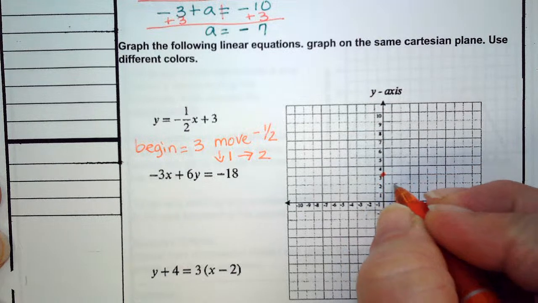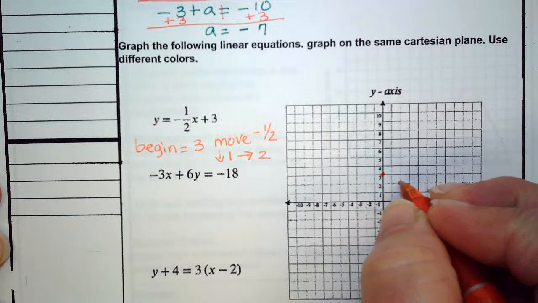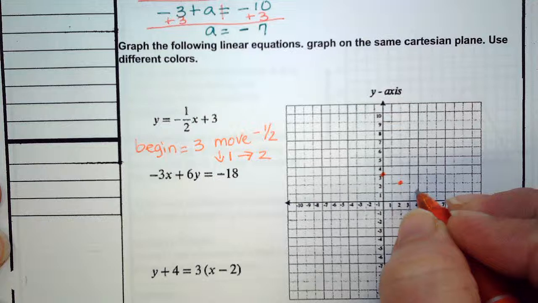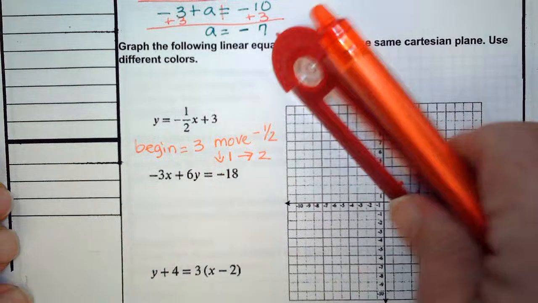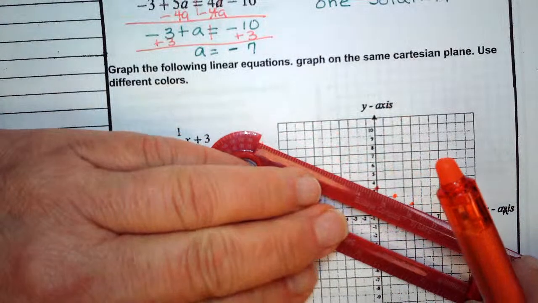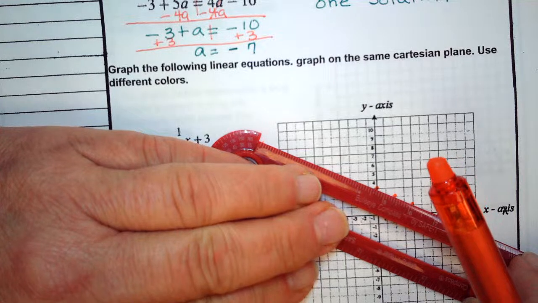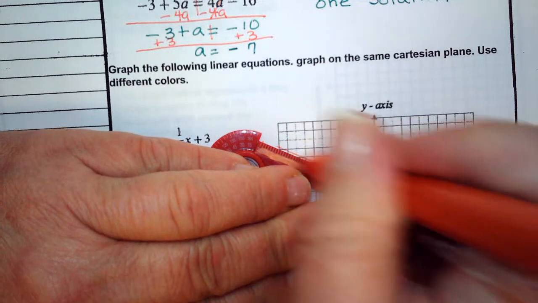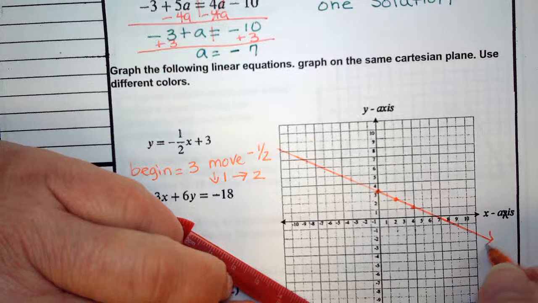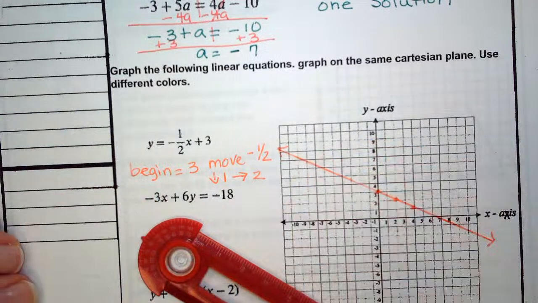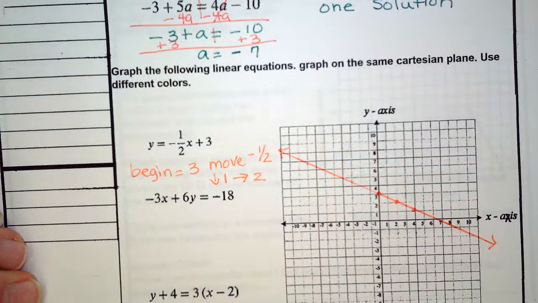I go down 1 and right 2. Here's my second point, down 1, right 2. I could go on to infinity that way. Line number 1.